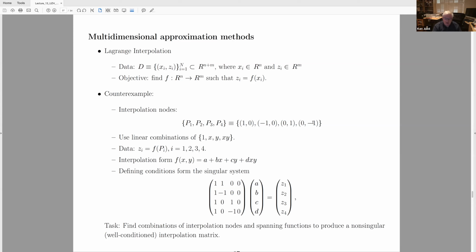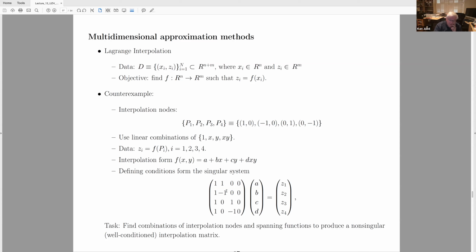Suppose that you choose these 4 points: (1, 0), (-1, 0), (0, 1), (0, -1). You have data at these 4 points about a function, and you want to use it to compute the 4 coefficients to get an approximation using 1, x, y, and xy. Well, when you try to do that, you find out that the linear system for the coefficients is singular, and actually there's no solution.